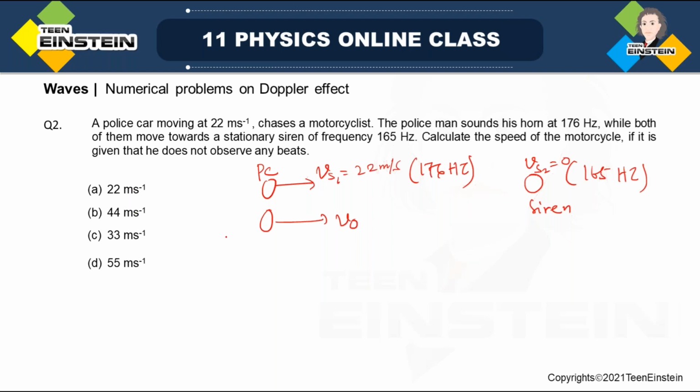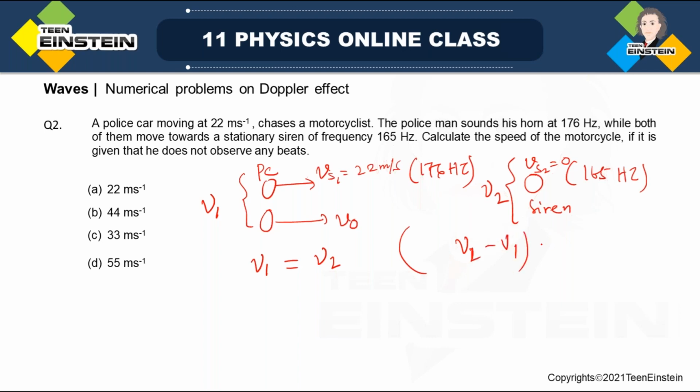Let me tell you one thing here. You have to find out the apparent frequency heard by the observer in both cases. Suppose the apparent frequency in this case is nu1 and in this case is nu2. So the condition for not observing beats is nu1 equal to nu2. The number of beats will be nu2 minus nu1.